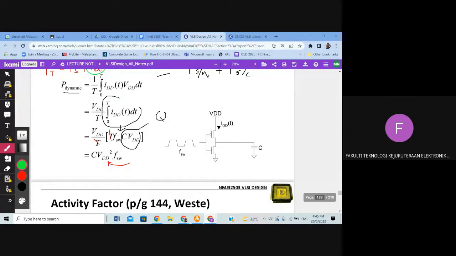Okay, any try from any of you? What are the important elements to reduce the dynamic power? C, V, or F switching? Any answer? You look at the power.